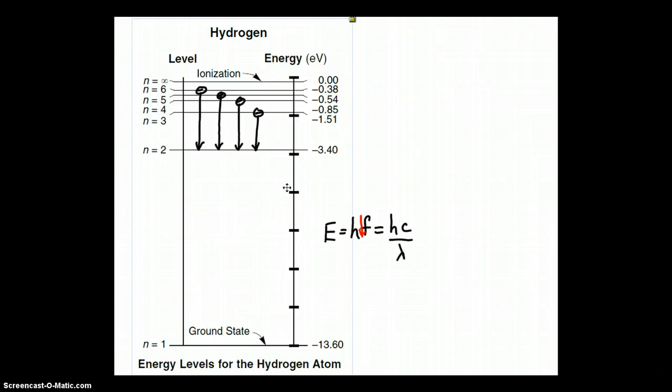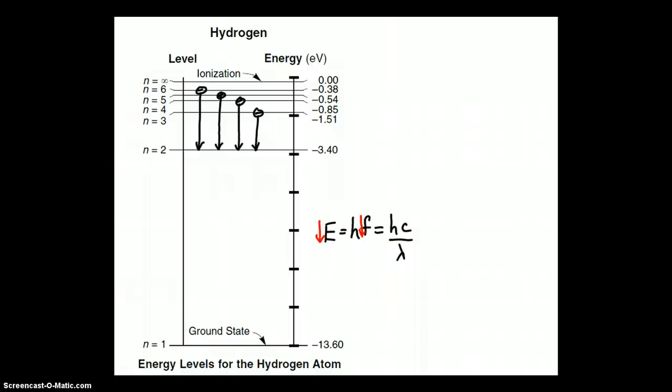And the resulting energy that would be required here would also be decreased. So the lowest frequency color emitted would require the least energy jump. Which one would that be? Well, if you said 3 to 2, you would be correct.